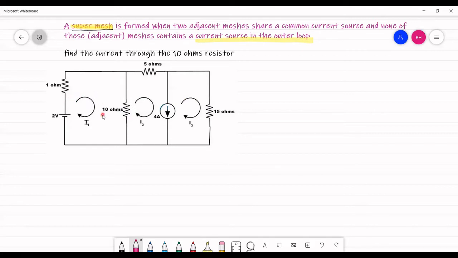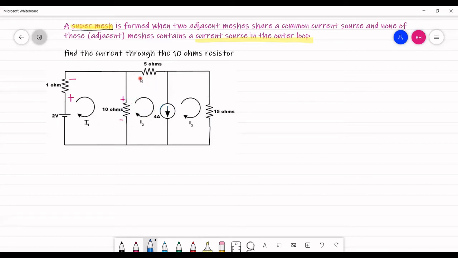Based on the direction of current, we are going to assign polarity. Remember the convention: current enters this point, so plus, and current leaves this point, so minus. Current enters, leaves, and we will not put any plus or minus for the source. Again going to the second mesh, this is the direction of rotation.